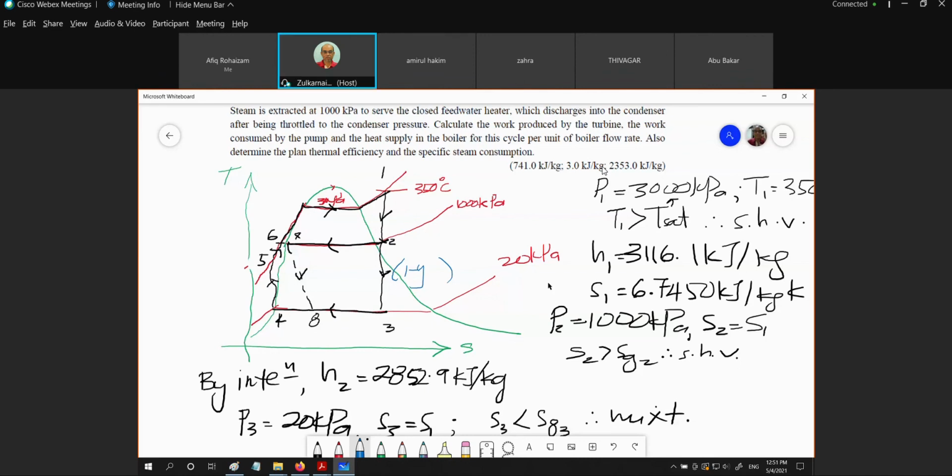Wow, what number is that? 741 is your work of the turbine, and the other is your W for the pump. And then your thermal efficiency, you will get around 31%.